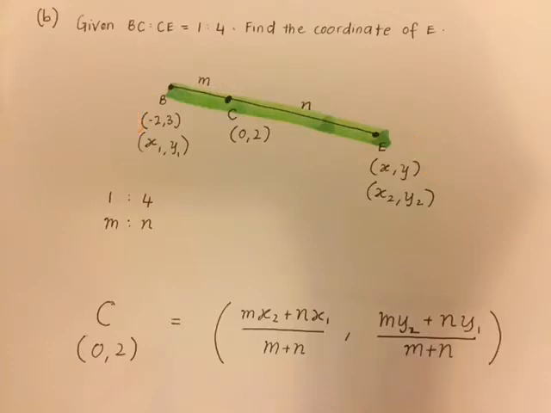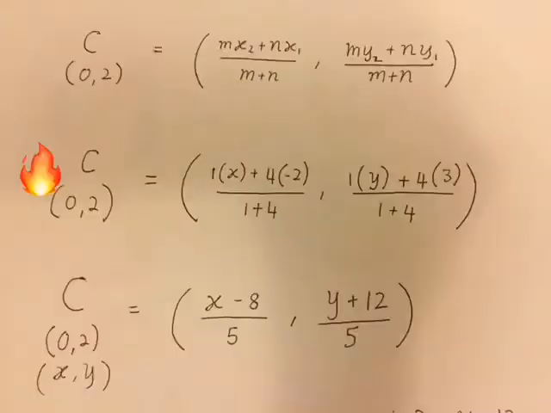So substitute like usual. C, which is (0, 2), equals, in brackets, 1, which is the m, times x, which is unknown because it is from point E, plus 4, which is n, times negative 2 from x1, which is from point B, divided by 1 plus 4.